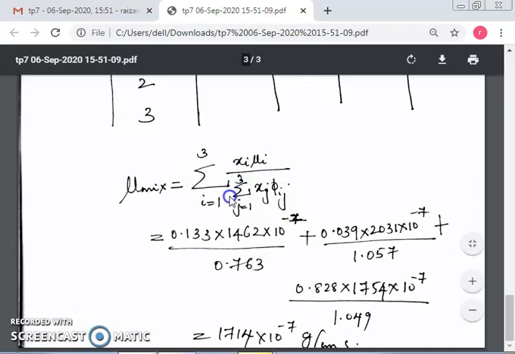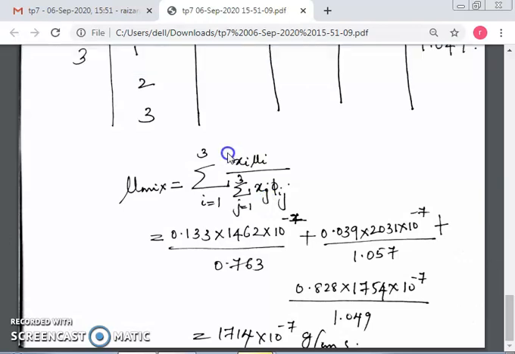So we know this term. This term is already, we have found it out. So xi mu i, you have to sum this term. Summation of xi mu i by sigma j equal to 1 to 3 xj phi ij. So xi, in the first case, it is the mole fraction of carbon dioxide multiplied by viscosity of carbon dioxide, the whole divided by 0.763 plus.